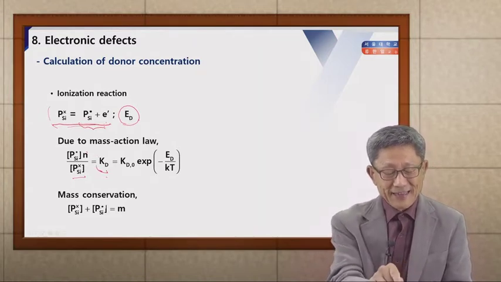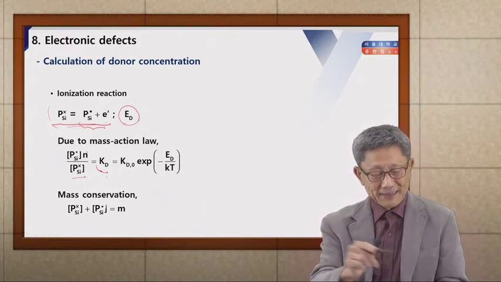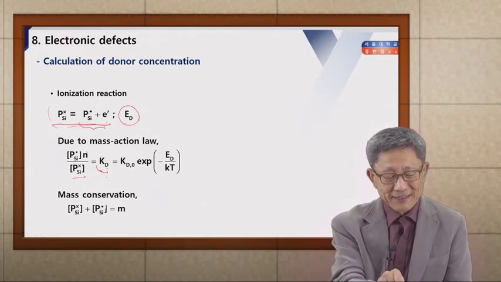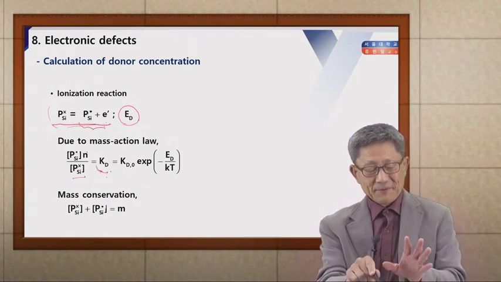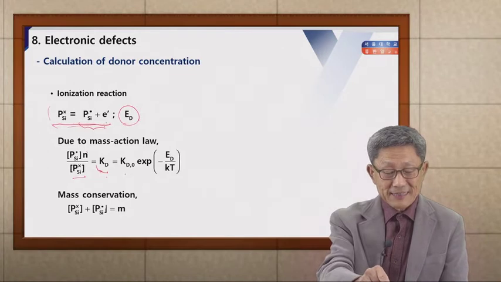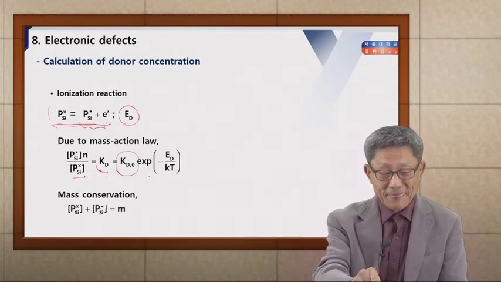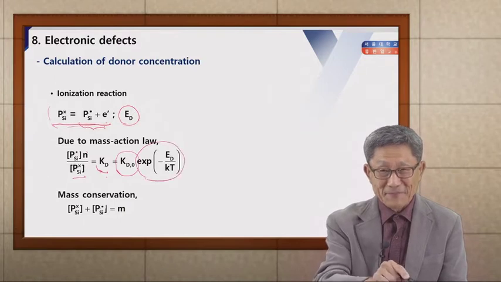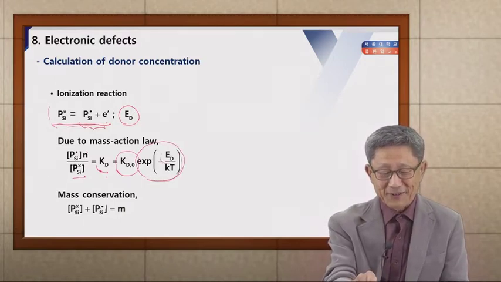Like the intrinsic electronic excitation, again, this equilibrium constant can be factored into two terms. One is a temperature independent term, so say pre-exponential term, and then a temperature dependent term. Now you can see the Boltzmann factor here involving the ionization energy.